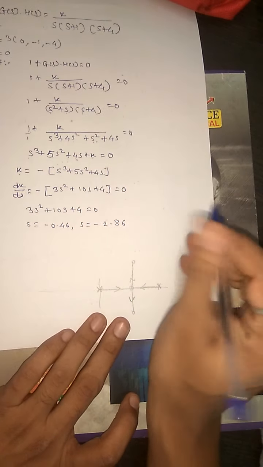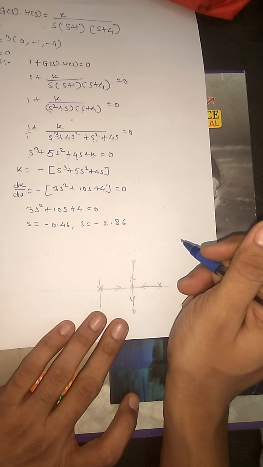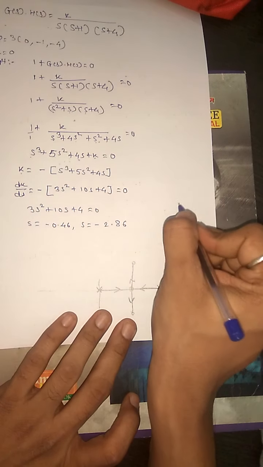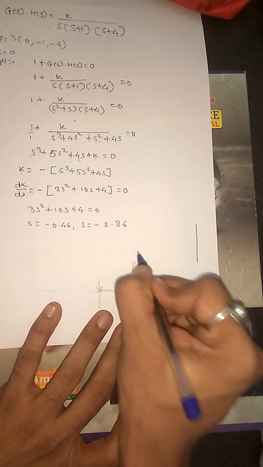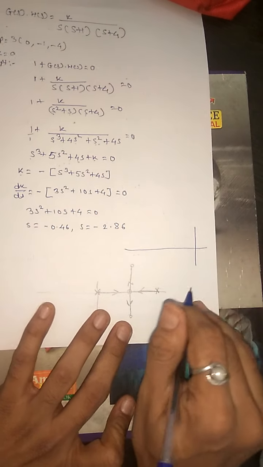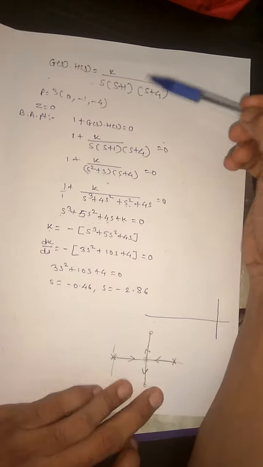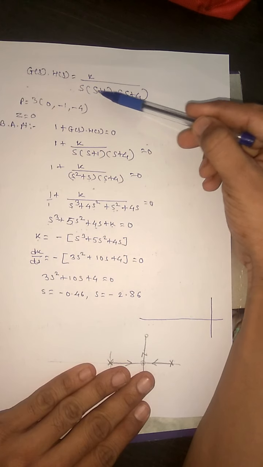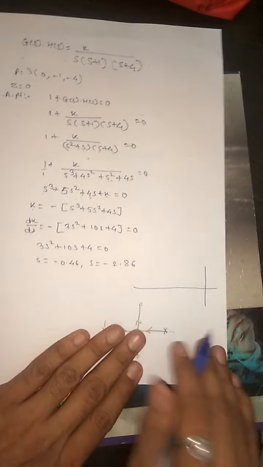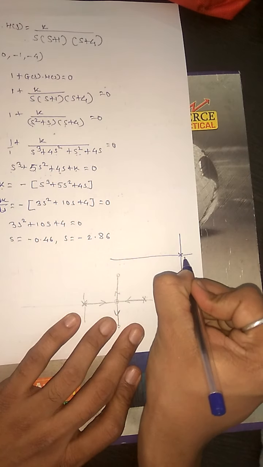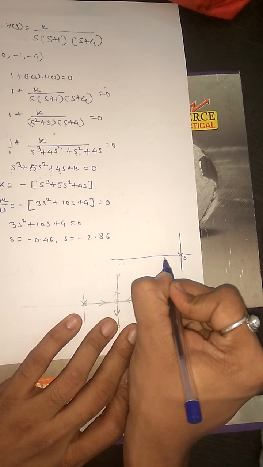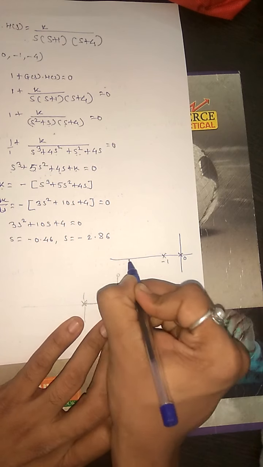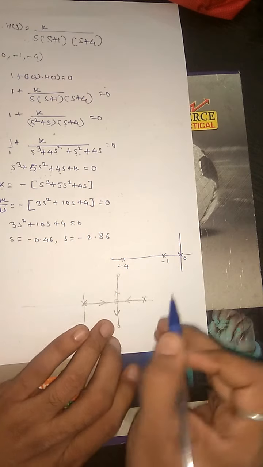We already discussed rule number 3, that is the existence of root locus. On one graph, put all your poles and zeros. We have 0, minus 1 and minus 4, 3 poles. So I'm plotting 0, minus 1 and minus 4.